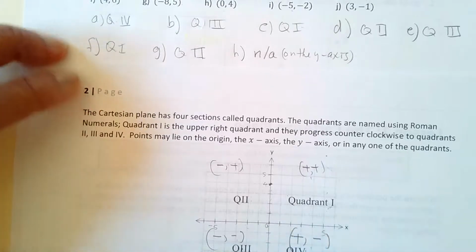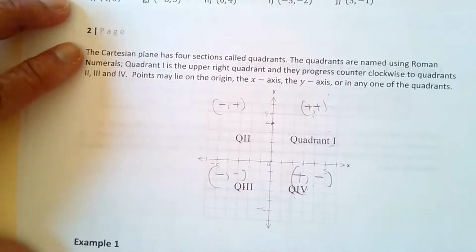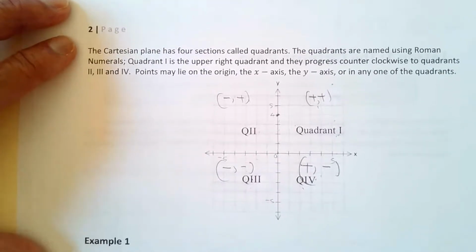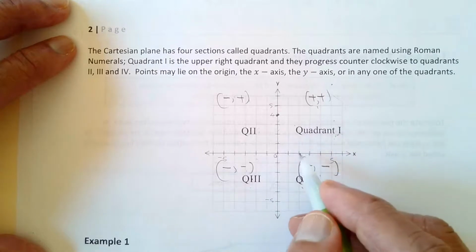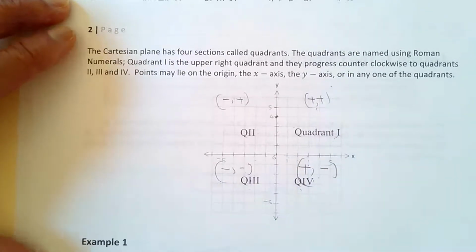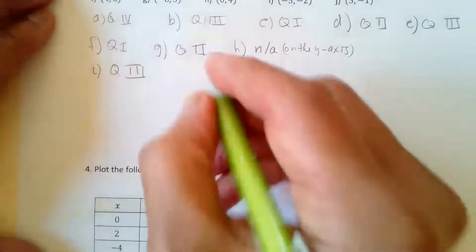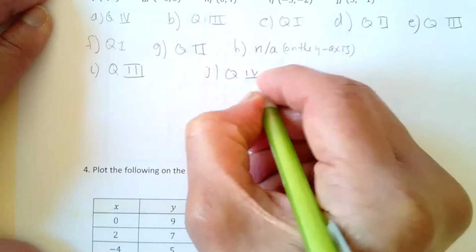And you can verify it by plotting the points. So we have positive 3, so we have 1, 2, 3. And then we have -1, which is down here. So that'll be in quadrant 4.